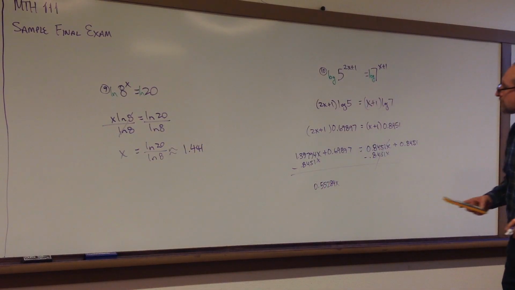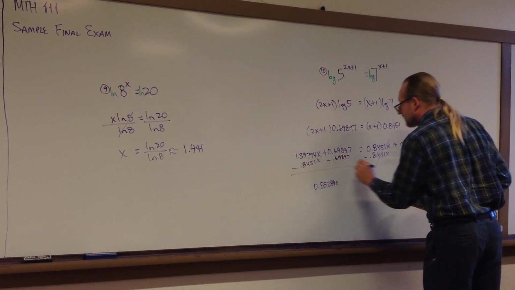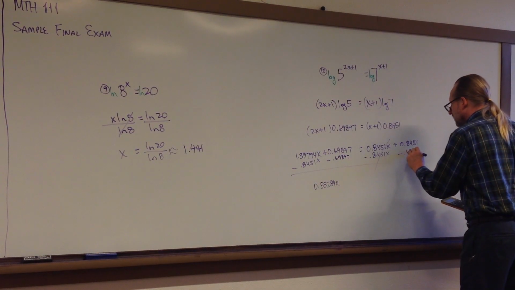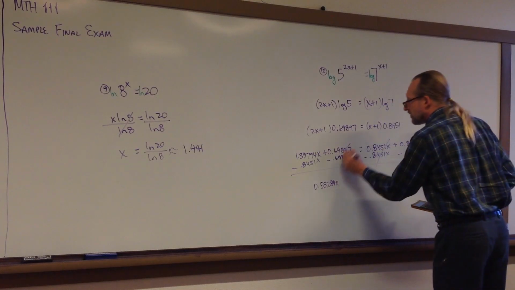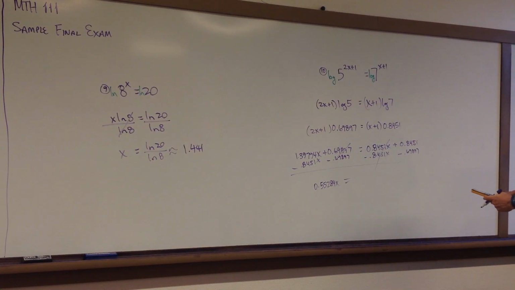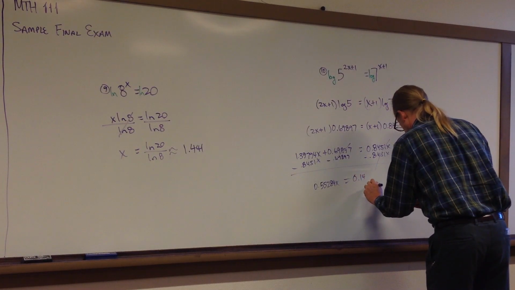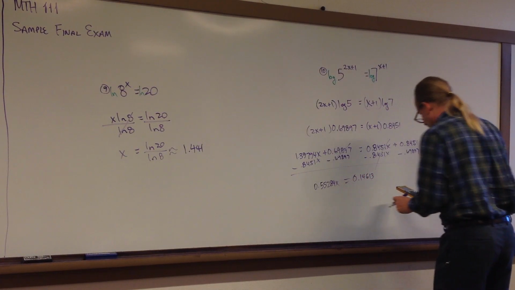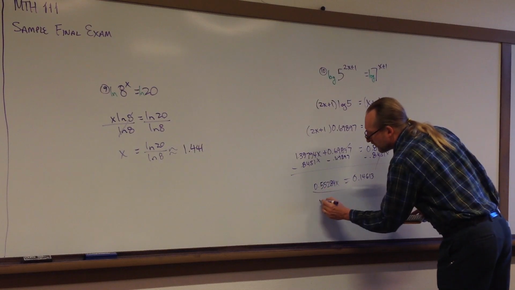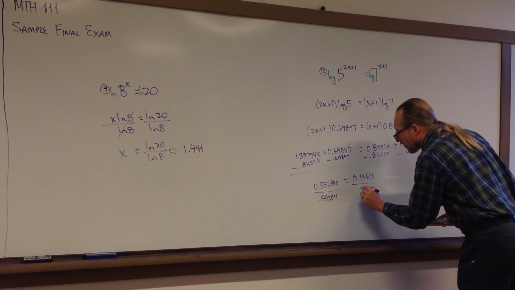And we come out of this with 0.55284x. And then I'll subtract 0.69897 on both sides. Over here, 0.8451 minus 0.69897, 0.14613, and then we'll divide on both sides by 0.55284.